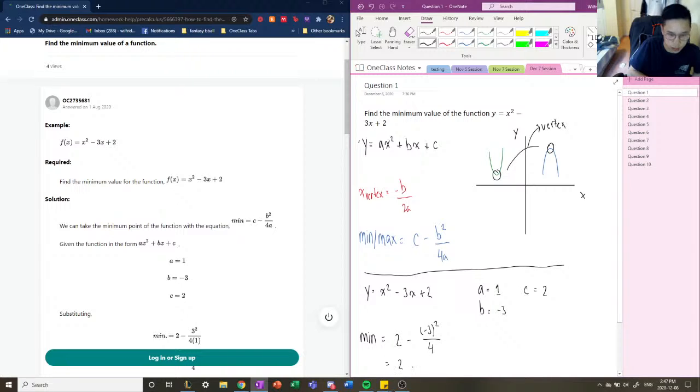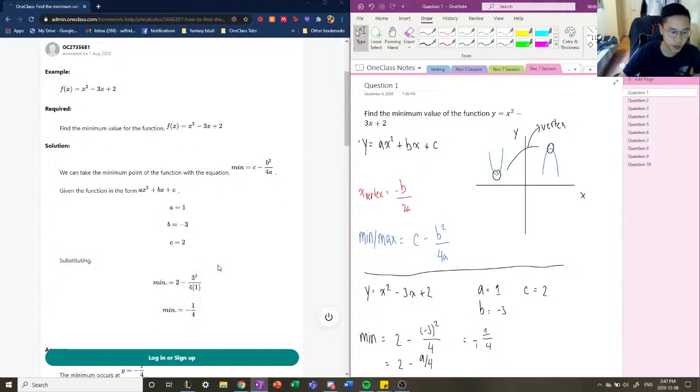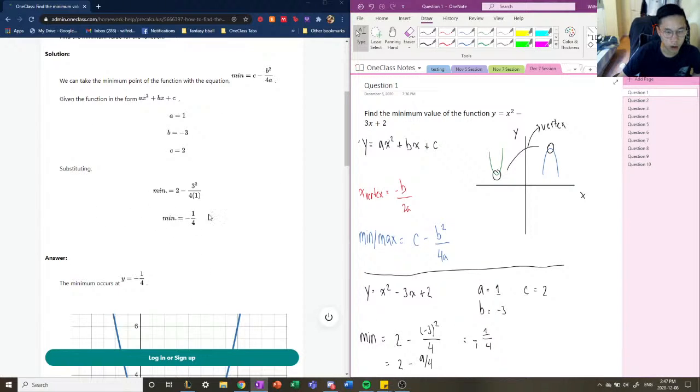That equals 2 minus 9 over 4, and that equals negative 1 over 4. So that's the min value of our function x squared minus 3x plus 2.